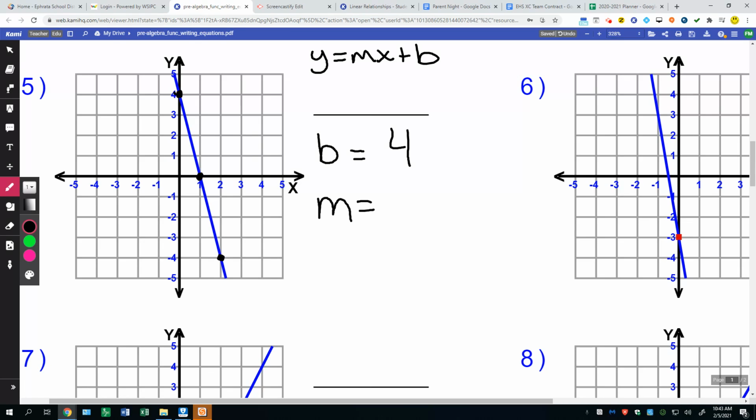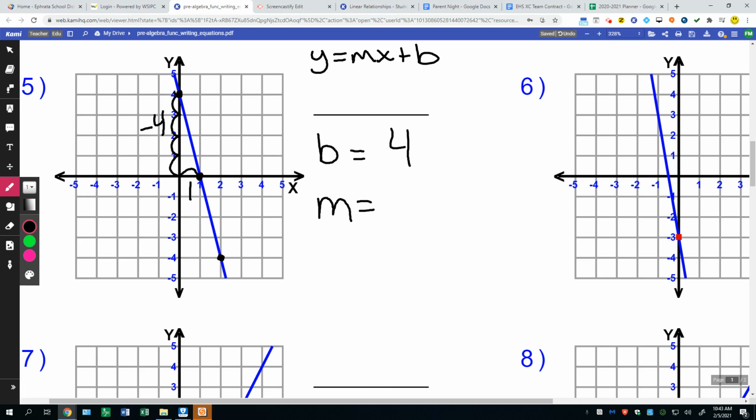Now, we go from a left point to a right point. So I'm going to find my m, or my slope, by going 1, 2, 3, 4. I noticed I'm going down the y-axis. That's a -4. And then I have a run of 1.